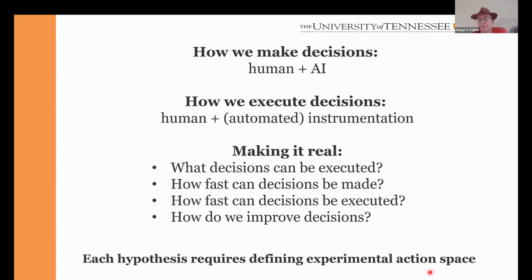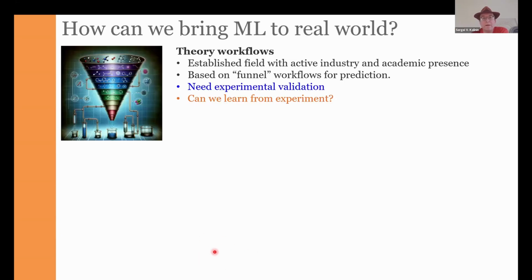So some hypotheses require quite a lot of experimental facilities to falsify. Some hypotheses can be falsified within a single experimental tool. And I will return to this question of the experimental footprint throughout the presentation.